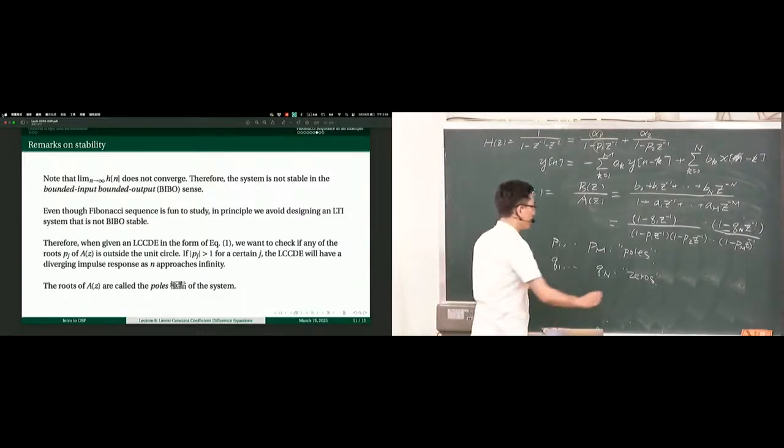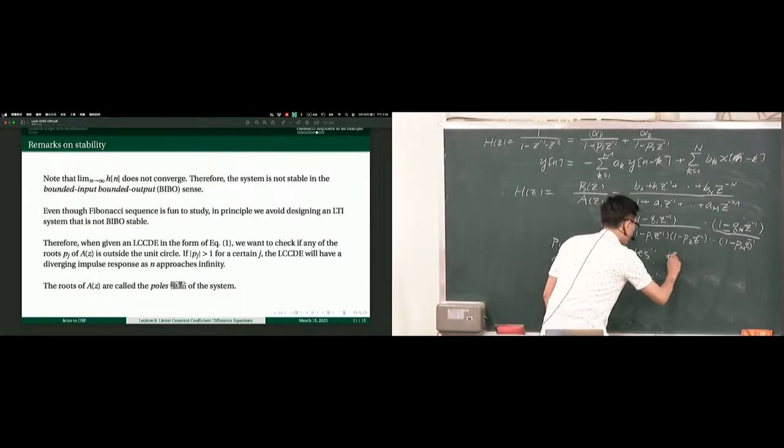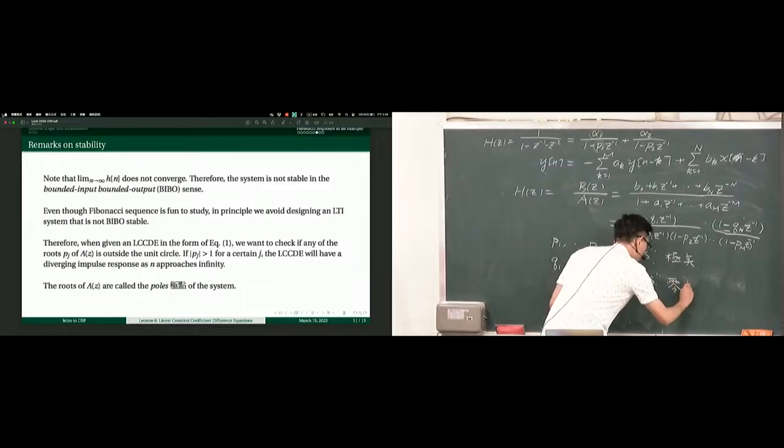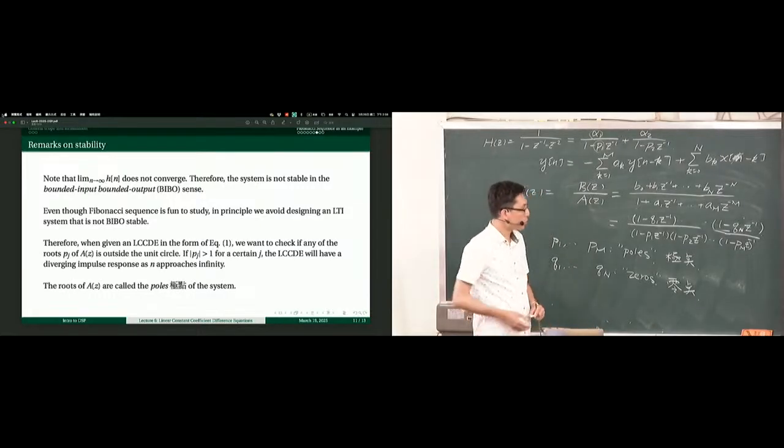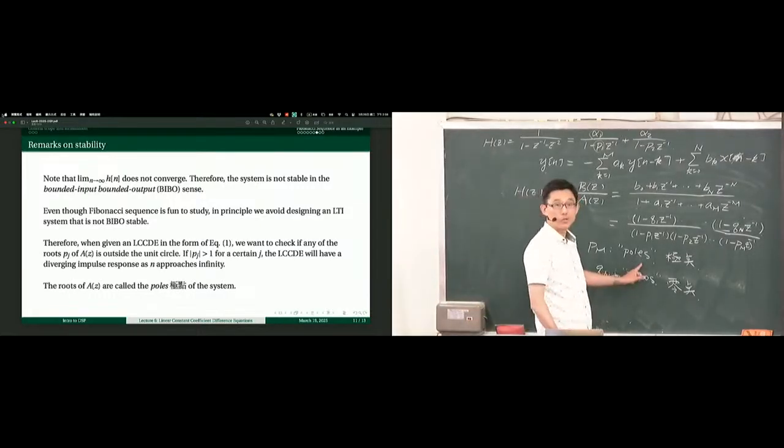Okay, so that's about stability and terminology. We want all the poles to be inside the unit circle. That's kind of a take-home message.